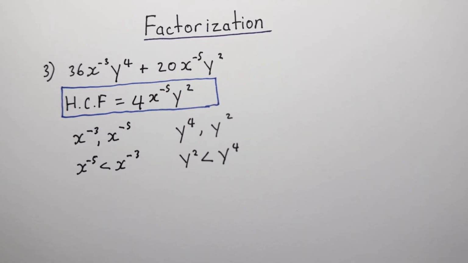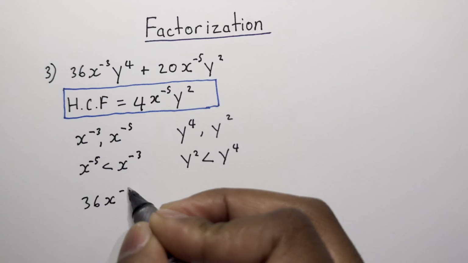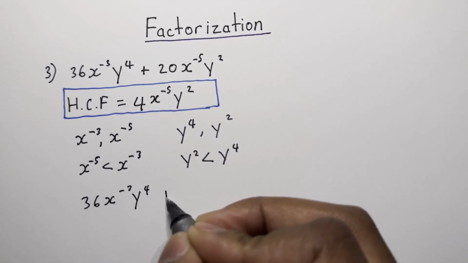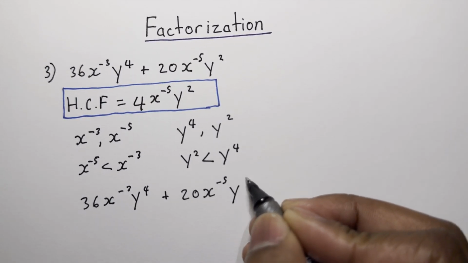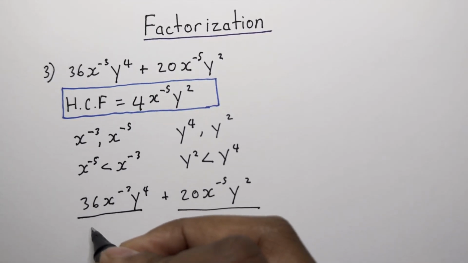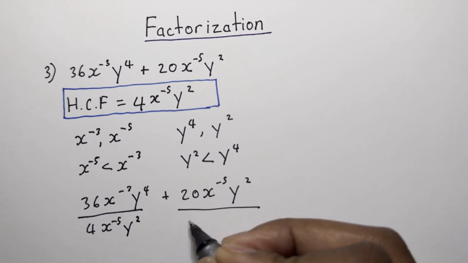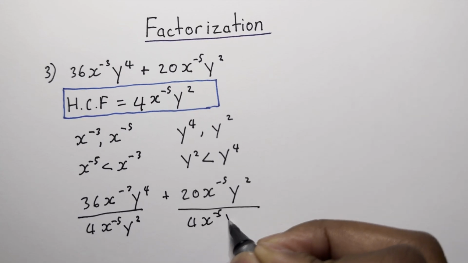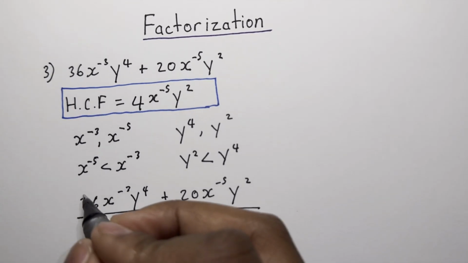So we need to divide everything by 4x raised to the negative 5 y squared. 4 into 36, 9.